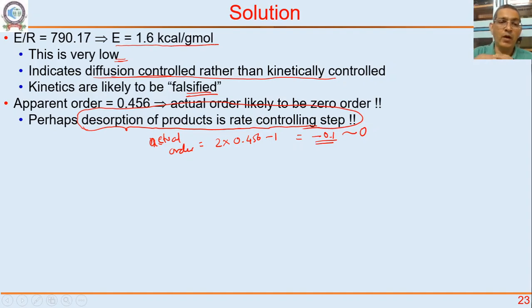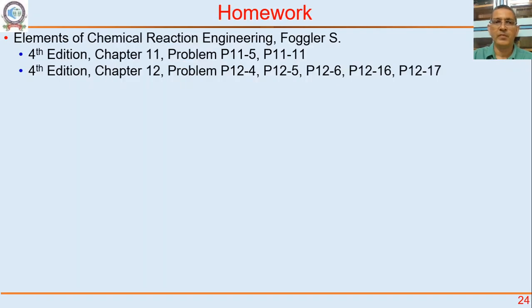We can conclude all these things. Think about all the things that we have done. Think about what conclusions we have made and how we have reached those conclusions. So homework.